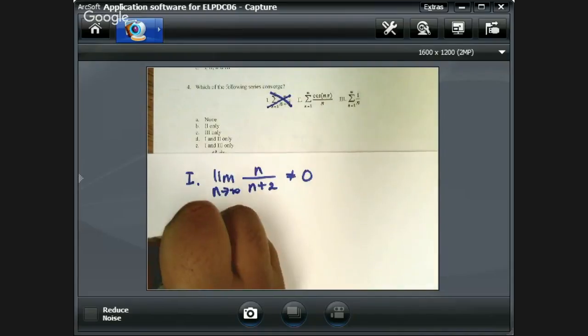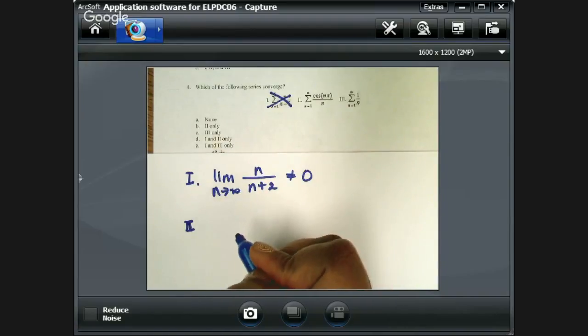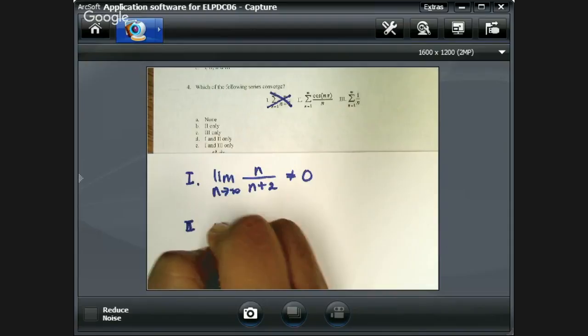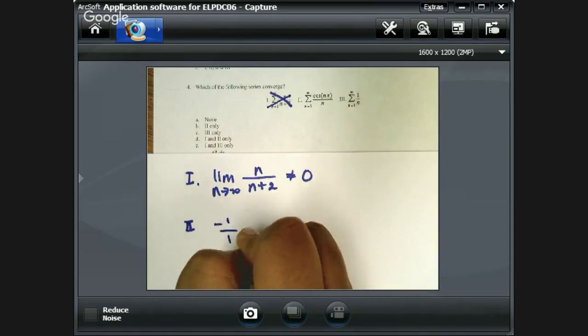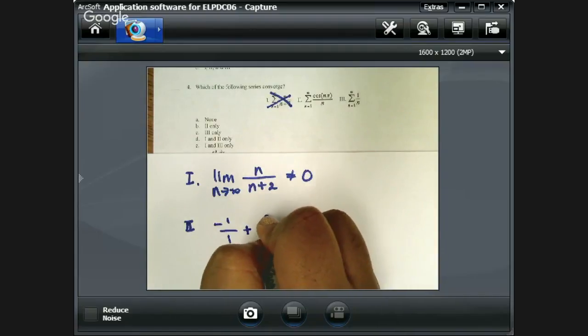In Roman numeral 2, I don't recognize that series, so I'm going to write out a few terms. When n is 1, I'm going to have the cosine of pi, which is -1 over 1. Plus, when n is 2, I have the cosine of 2 pi over n, so that's 1/2.